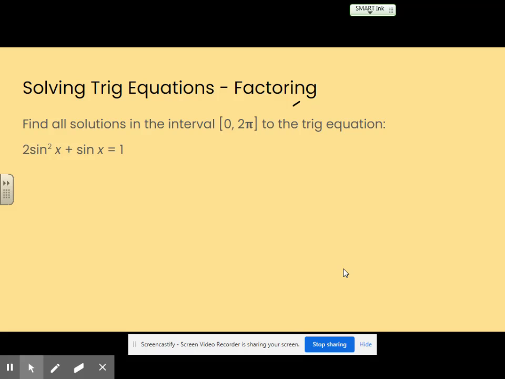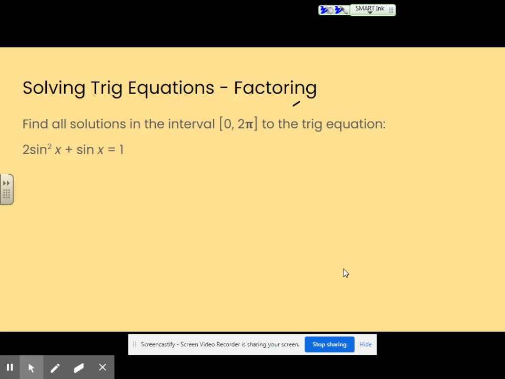When we're solving trig equations, what we're looking for is something equals something else. In this case, I'm looking for the solutions in a specific interval that will make this statement true. So I'm looking for values of x or theta in radians that will make this statement true.